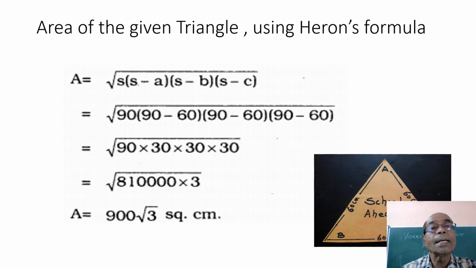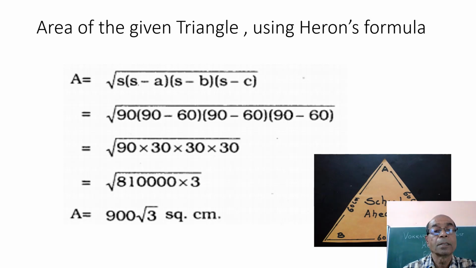So now using Heron's formula, we'll calculate the area of this particular triangle. Area is equal to, as you all know, the square root of S into S minus A multiplied by S minus B multiplied by S minus C. When you substitute A, B, C with 60 centimeter each, the equation comes down to the square root of 3 into 810000.